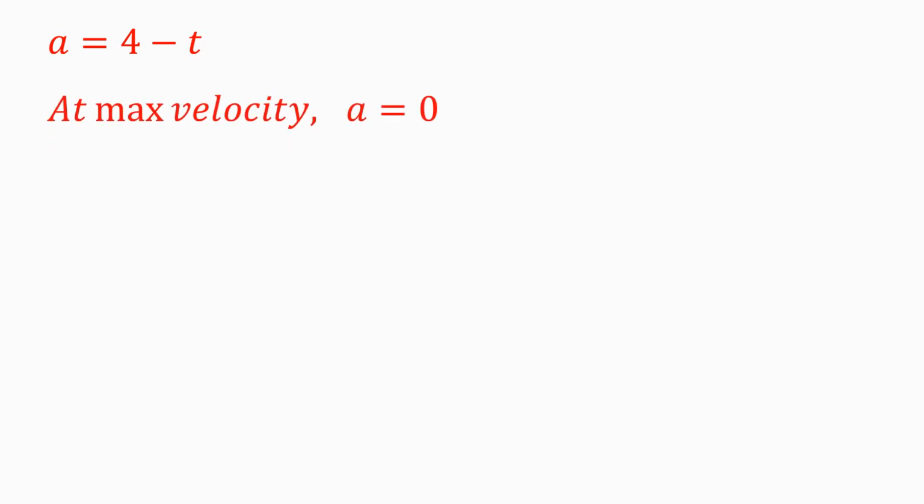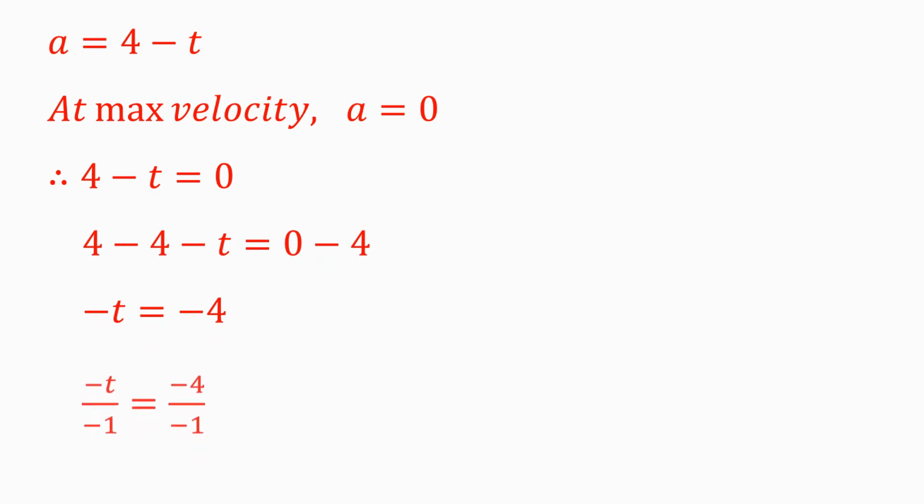And so we can equate the acceleration equation to 0. So 4 minus t equals 0. We subtract 4 on both sides. We obtain negative t equals negative 4. Divide both sides by negative 1, and therefore t equals 4 seconds. So the time taken for the particle to obtain maximum velocity was 4 seconds.